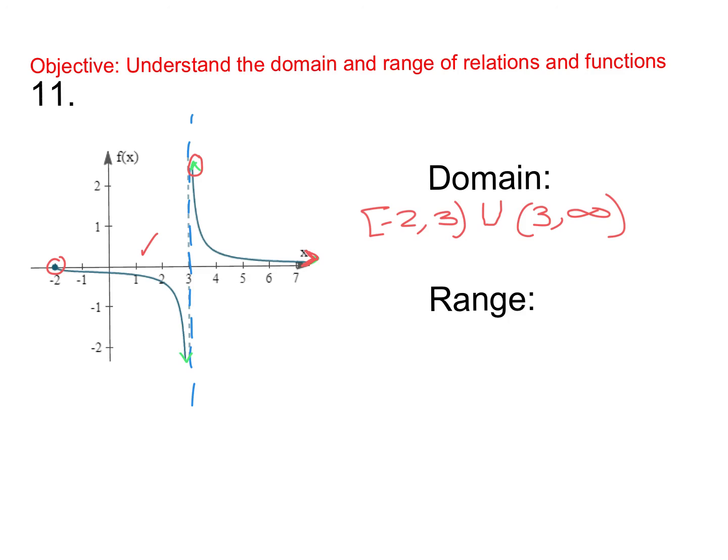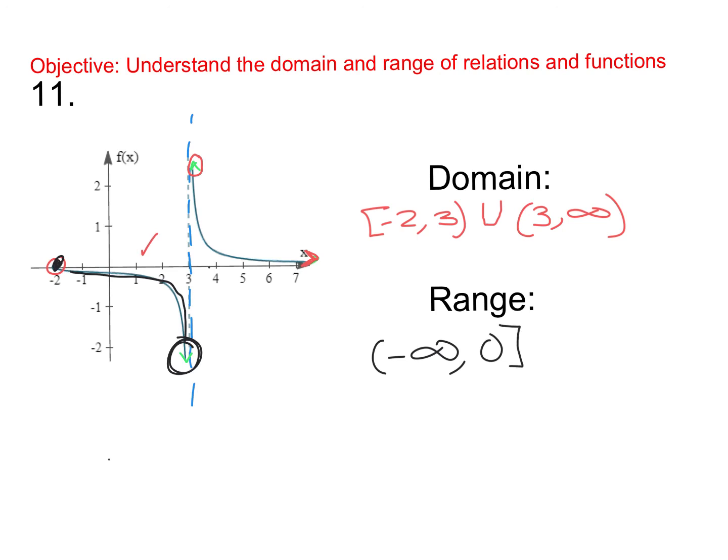All right, the range. So what's the lowest thing we see on this picture? The lowest point is, again, an arrow, right? So that's -infinity because it's the y values being negative. And then what's the highest point? Well, notice this piece comes up and it hits 0 and stops. So it's 0 and it hits it, it's closed circle.